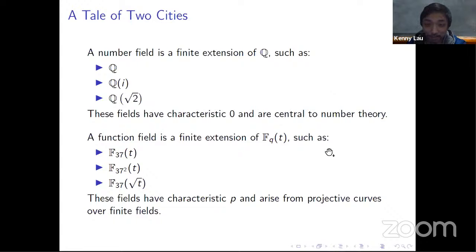So we have these two things. One has characteristic 0, and one has characteristic p. On the surface, they seem kind of unrelated, but they actually share a lot of things in common.